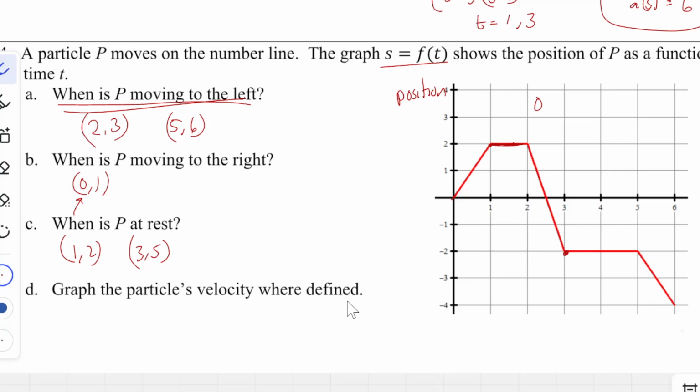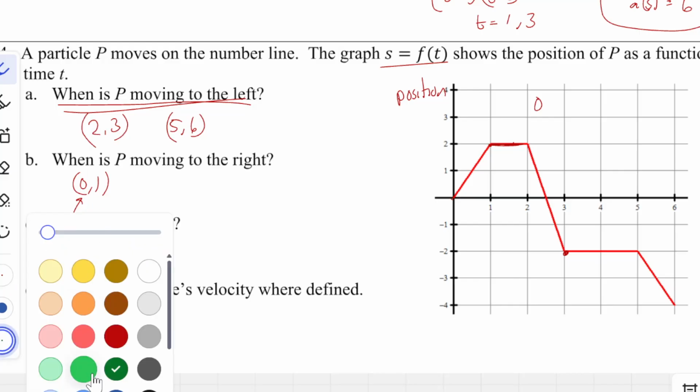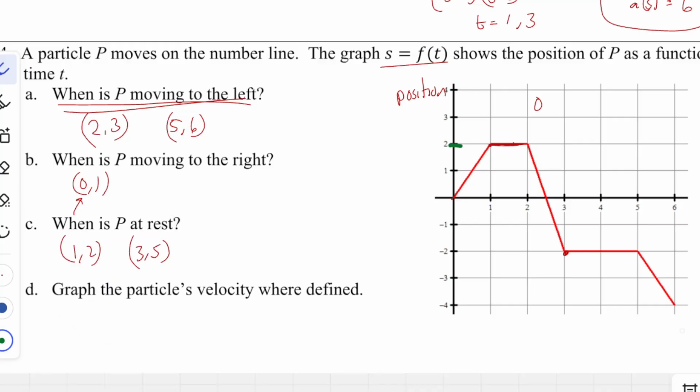Graph of the particle's velocity, where defined. Okay. So here the velocity is 2. I could do this on the same graph or a separate graph. I'm just doing it on the same graph. I'm lazy. So it's like that. And I guess you should maybe put an open dot there.